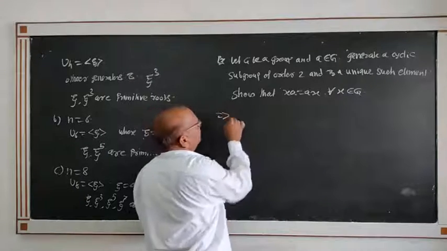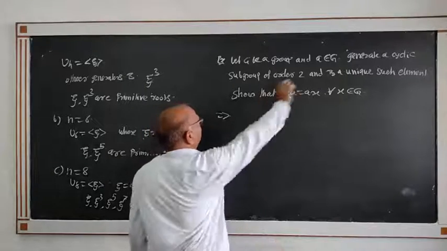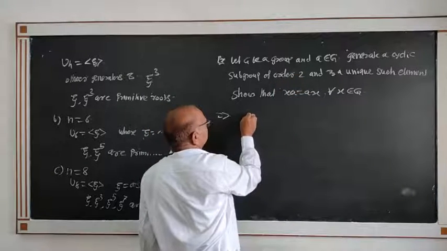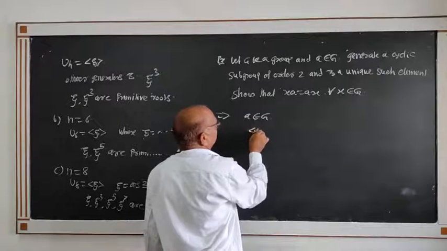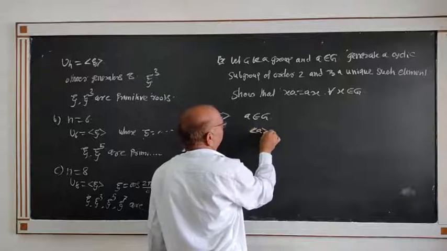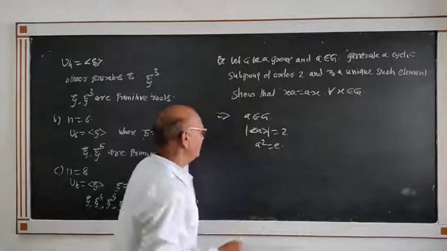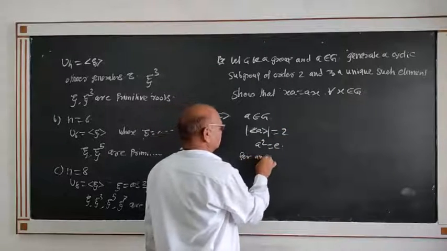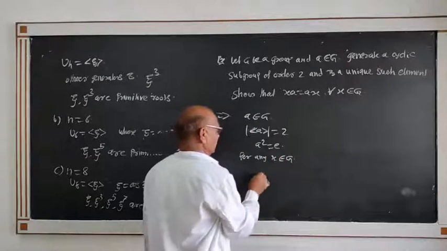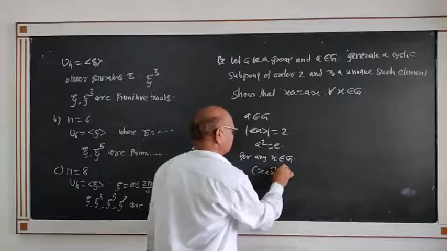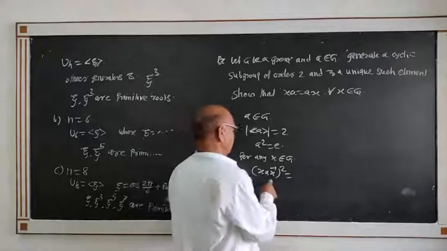Here A belongs to G and generates a cyclic subgroup of order 2, and it is unique. That means A square is equal to identity. For any X belongs to G, consider X A X inverse whole squared.